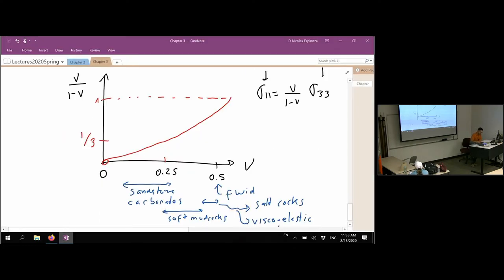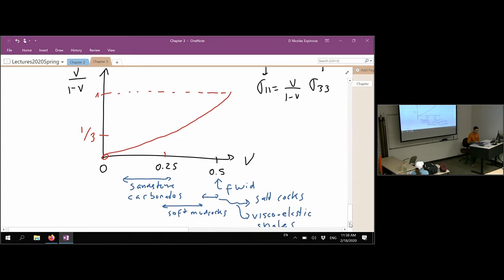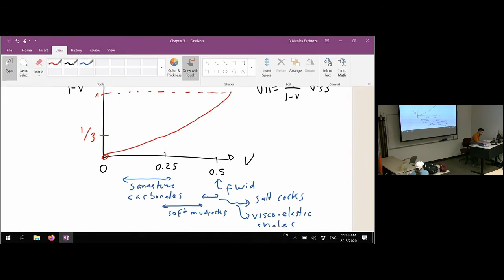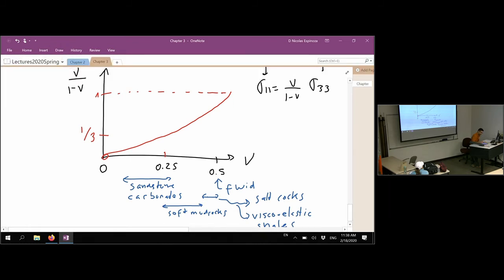All right, so now with this new info, we can calculate what is the horizontal stress and the total horizontal stress. Let me write this again as it was in the notes. So horizontal stress, effective stress, is this.